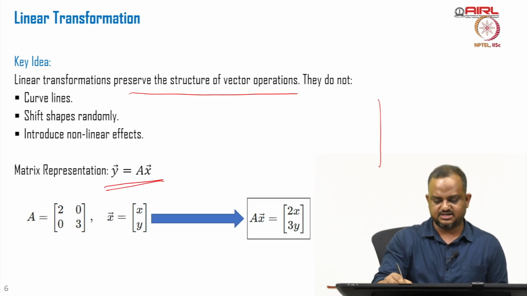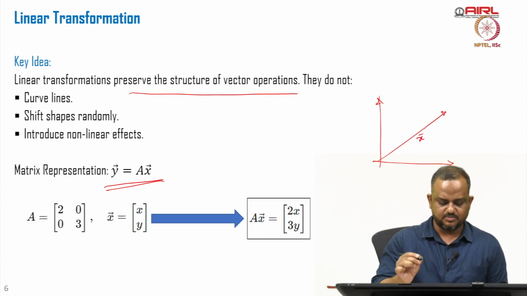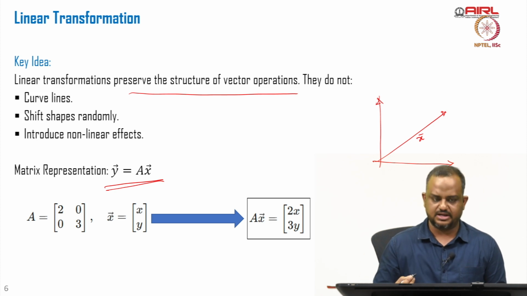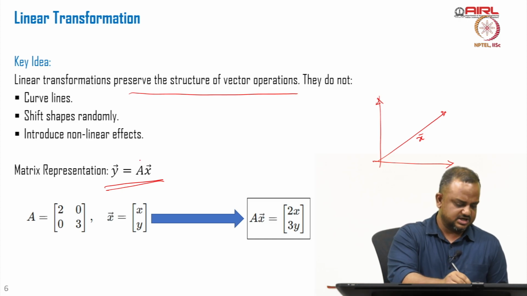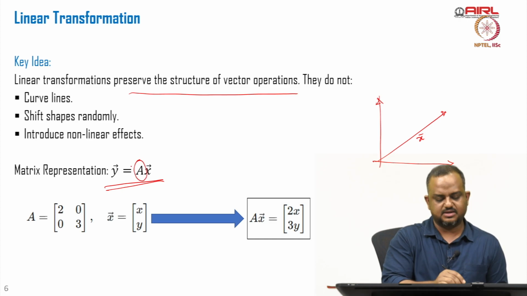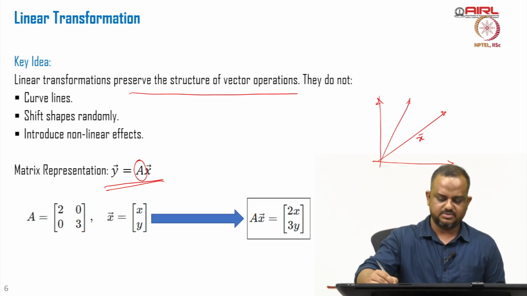Say there is a vector x. Now when this particular vector x is multiplied by a matrix A, then it gets changed to another vector y. What will be y?